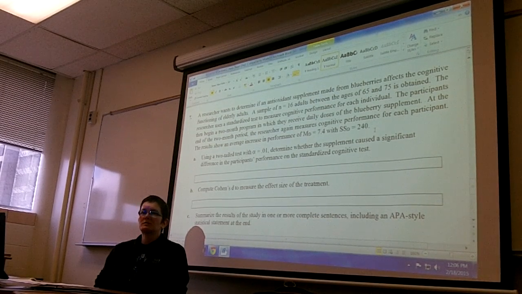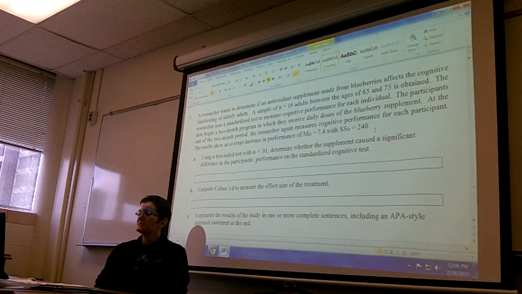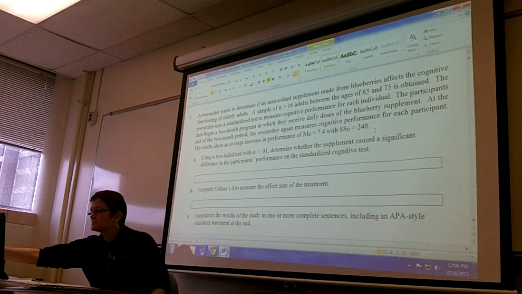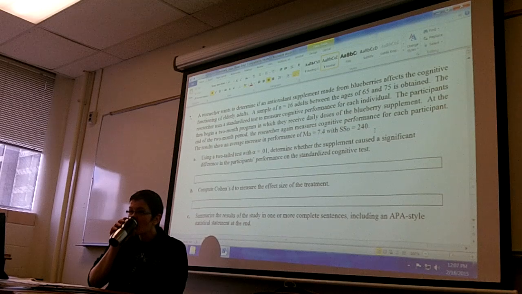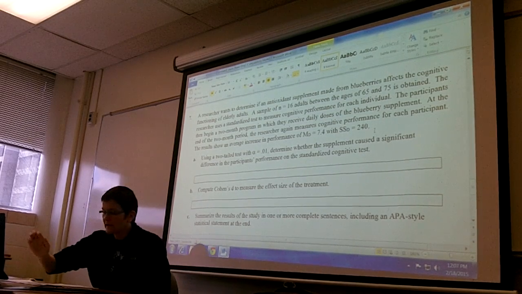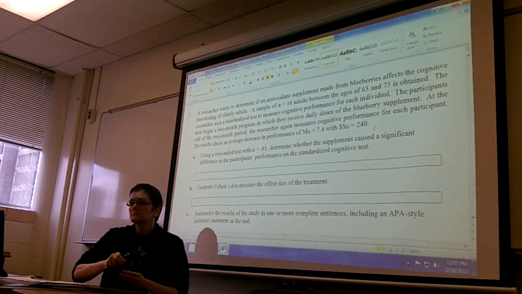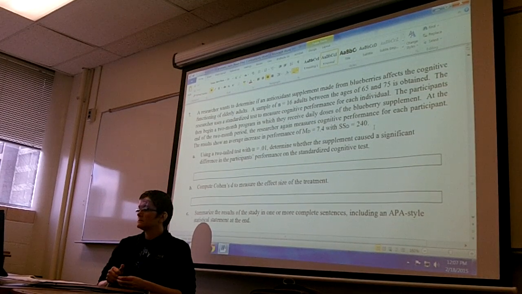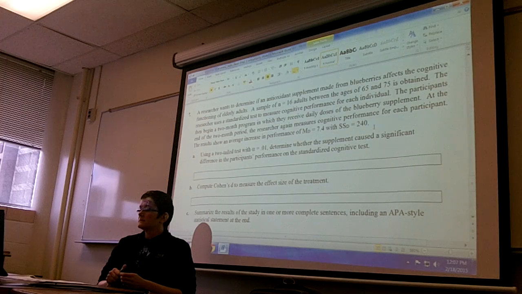What was the issue with this question? Where did you get stuck? First off, I thought it was a single t-test, because I only saw the n is 16, although they retested.